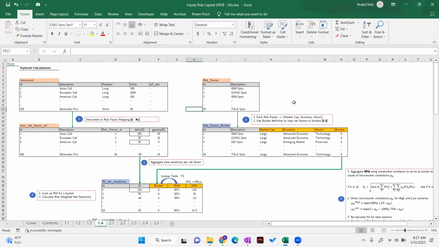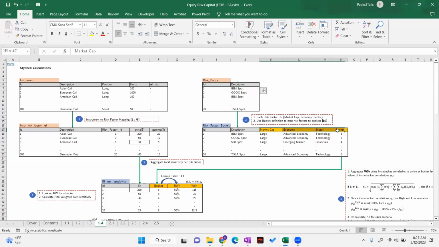And then on this side, you need to do risk factor to bucket mapping. My intention was that everything you see in gray would probably already be there in the bank. If a bank has a trading book, they're managing market risk, all of these mappings would be there already in some form.